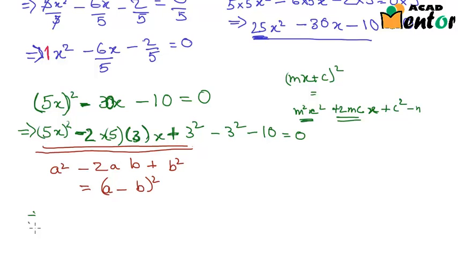So I can easily write this equation, the given one, 25x square minus 30x minus 10 equal to 0, as 5x minus 3 whole square minus 3 square minus 10 equal to 0.